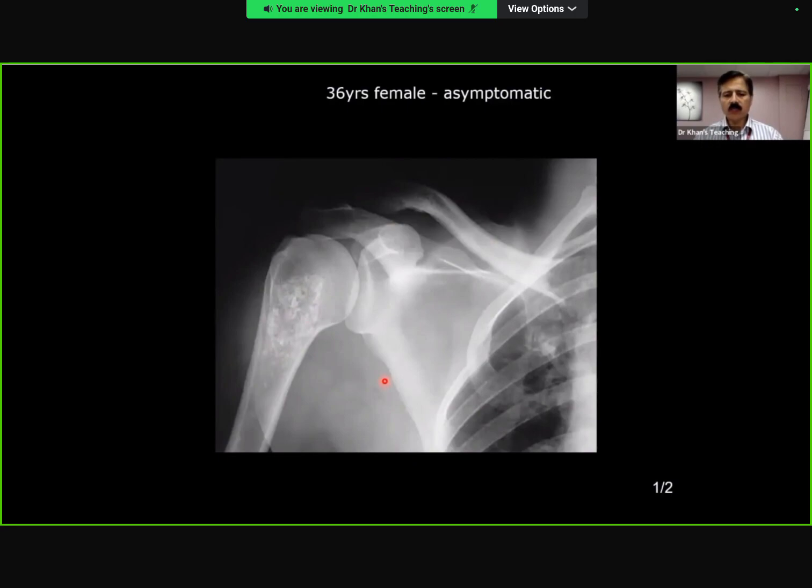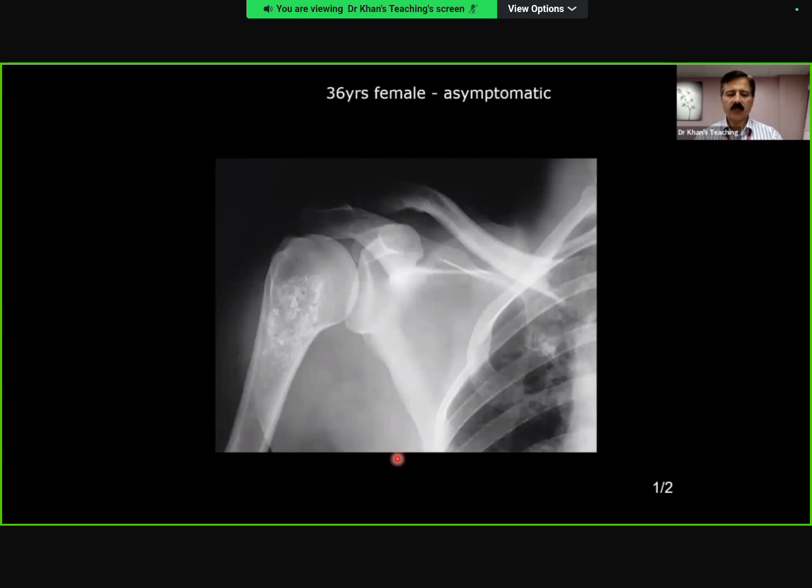Now, the classical viva concept is that if a patient develops pain, pain is taken as a sign of malignancy, right? Number one. Number two, comparison with old film. This is a viva scenario where you are going to ask the examiner, I want to see the old film.